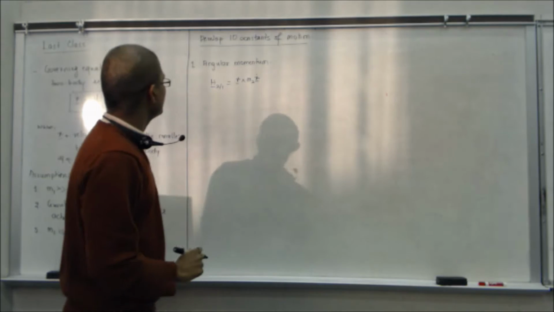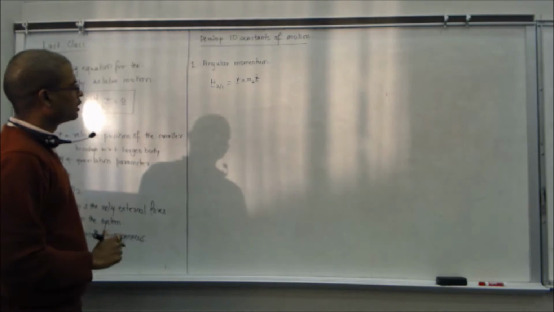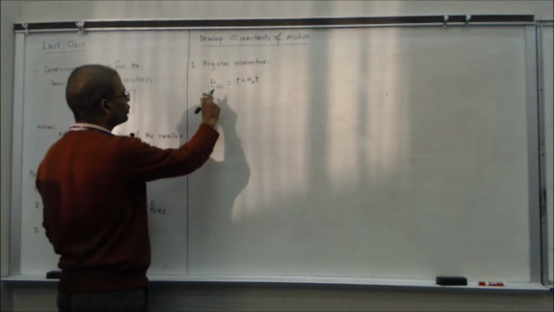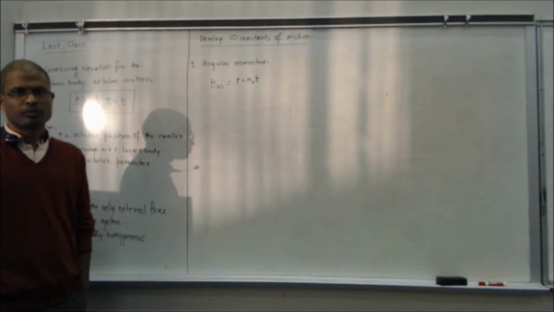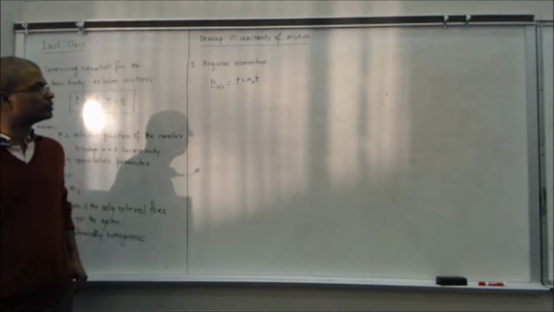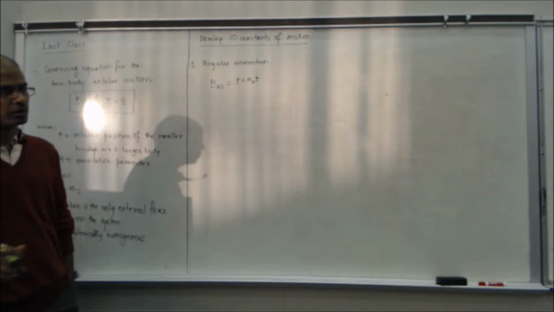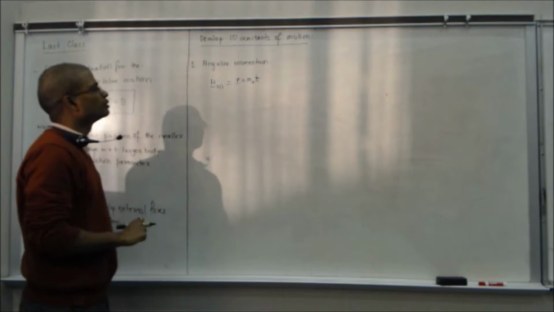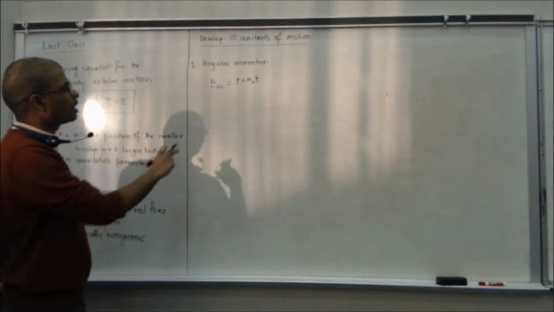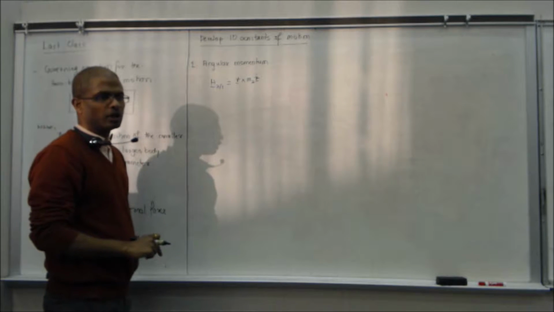So this is how your angular momentum is defined, right? How do you read this? h vector 2/1, the angular momentum of 2 with respect to 1, is equal to r crossed with m2 r dot.